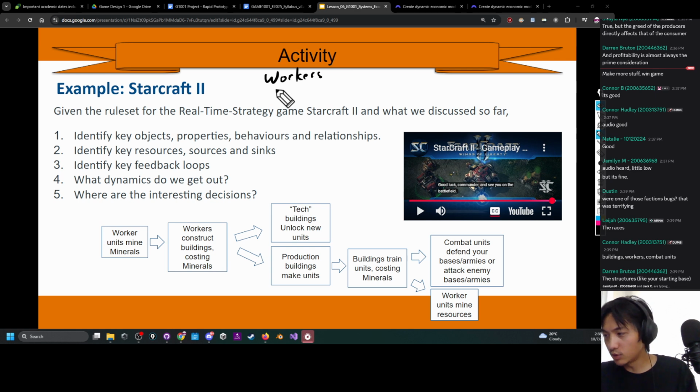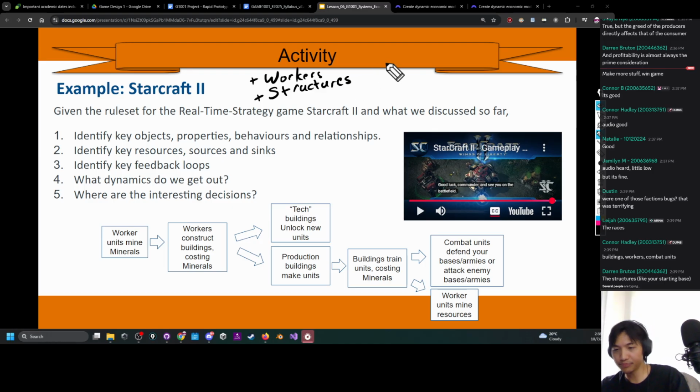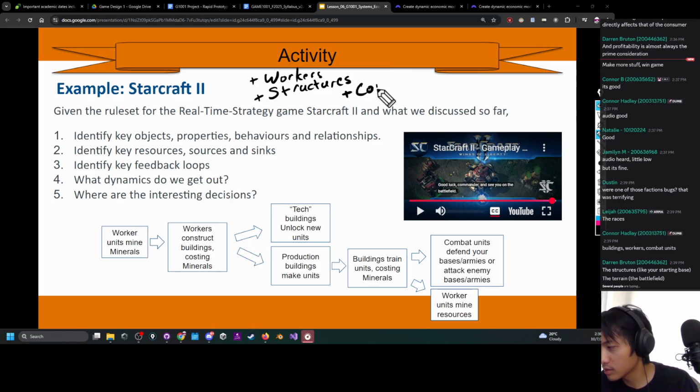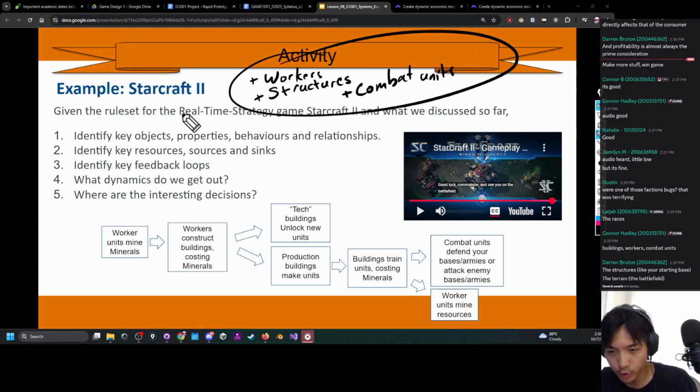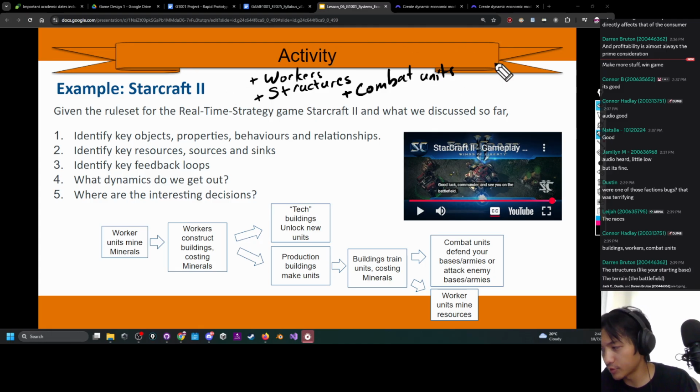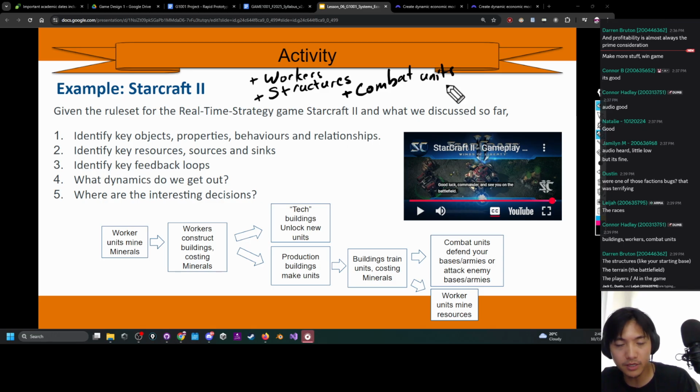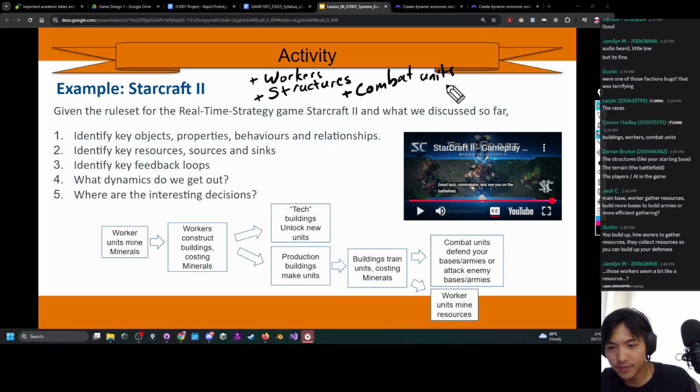You have structures as well, not only ones that you start out with, but you can also build them. And you have combat units. So all of these are things you can build. And then there's the terrain. We did see some interesting interactions with the terrain. There are cliffs, high ground and low ground, and stuff like that.